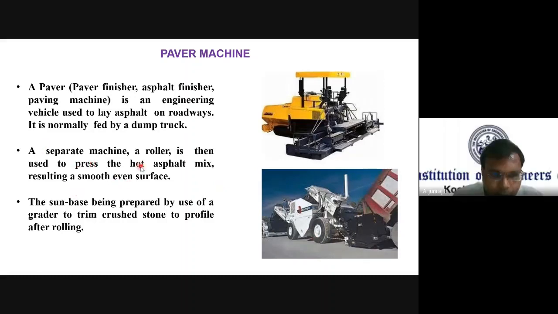You have a separate machine, a roller, which is used to press the hot asphalt mix, resulting in a smooth, even surface. The sub-base is prepared by using a grader to trim the crushed stone to a profile after rolling. So here it is used for a complete mix, and you can go for complete road construction as well.